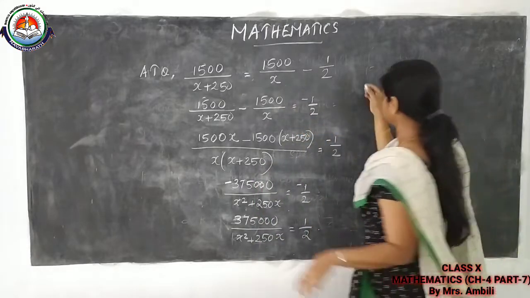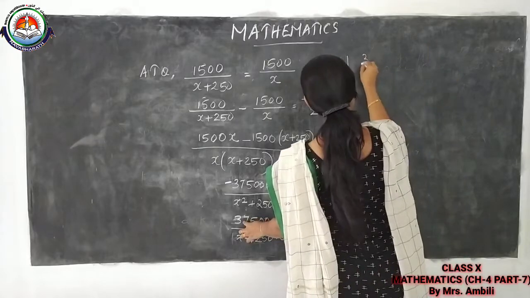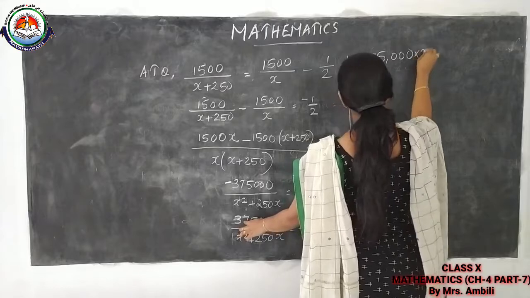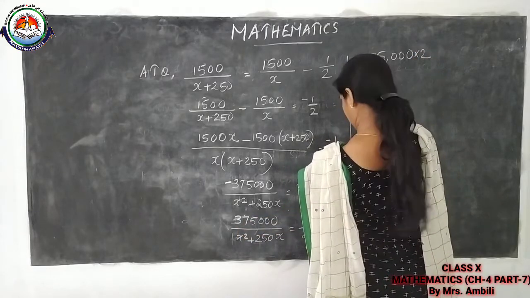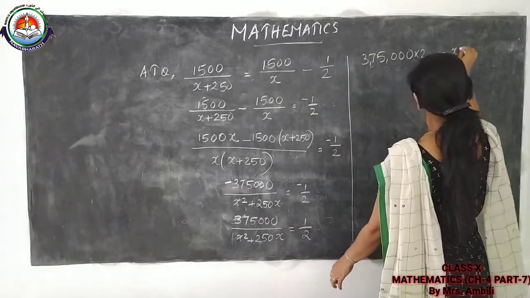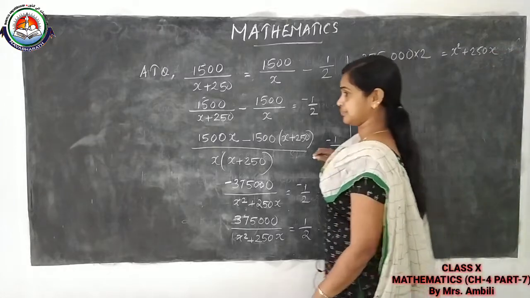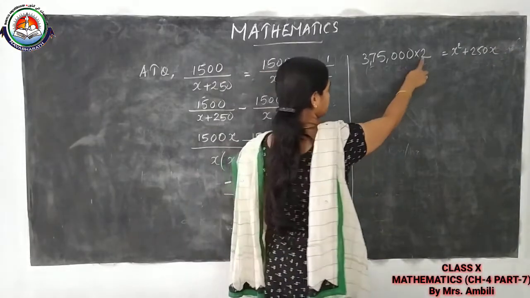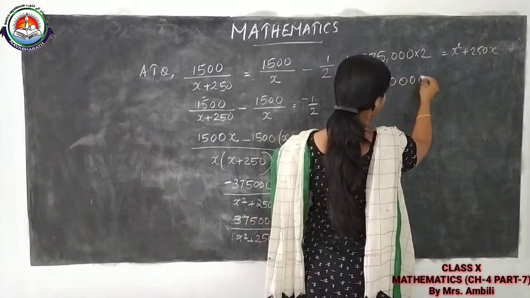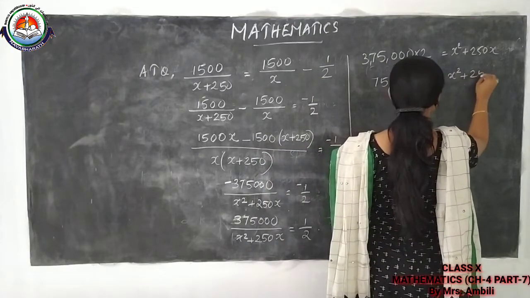That is, can we write 2 into 3,75,000 equal to 1 into x square plus 250x, like this we will get. Then what is 375 into 2? That is 750. 750 and 000 equal to x square plus 250x.